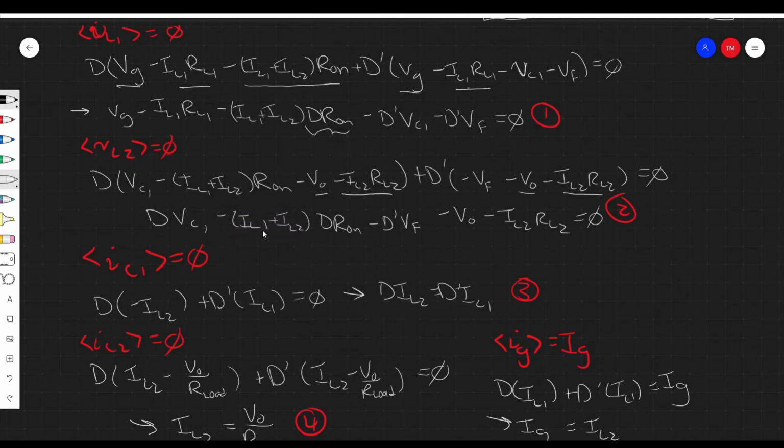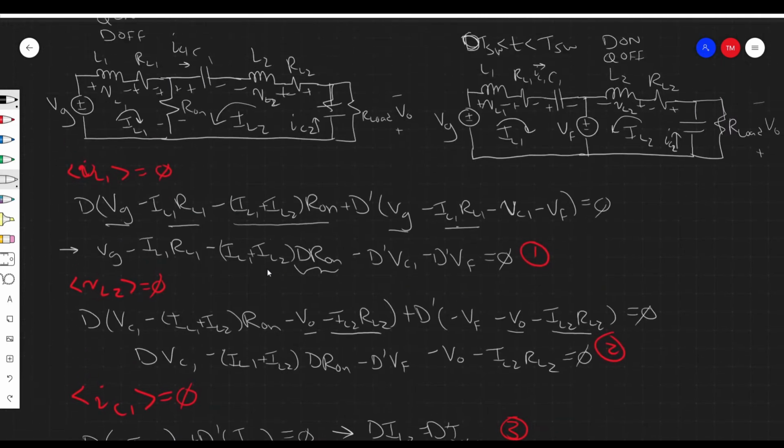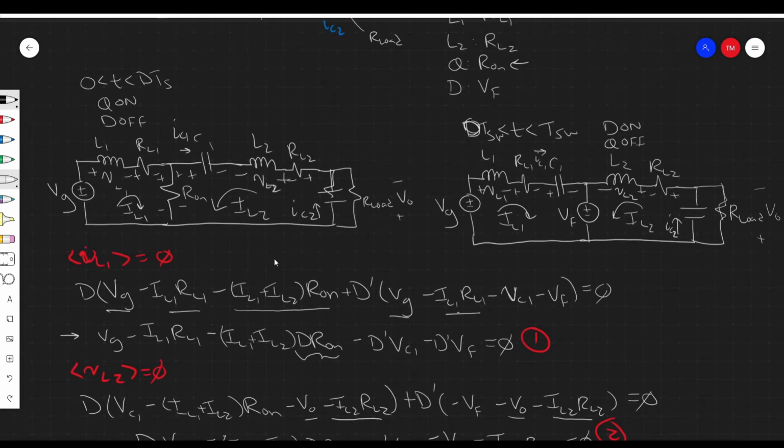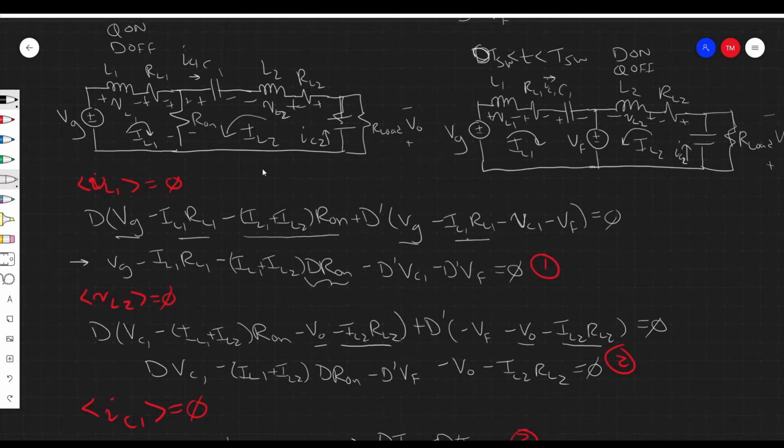If we go back, in this loop, R on is shared between the IL1 loop and the IL2 loop. So it kind of makes sense. And this is the trick, that R on is really coupling loop 1, equation 1, to equation 2. So that's how we should construct these loops, right? These aren't independent loops. They're dependent on each other through this resistance R on.